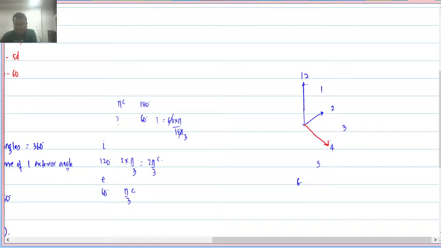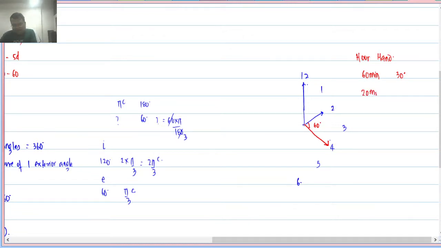This is 2:20. Now this angle is actually how much? 30 plus 30, 60 degrees. But at 2:20, see, for the hour hand, as we have seen in the previous solved examples, in 60 minutes, it moves 30 degrees.